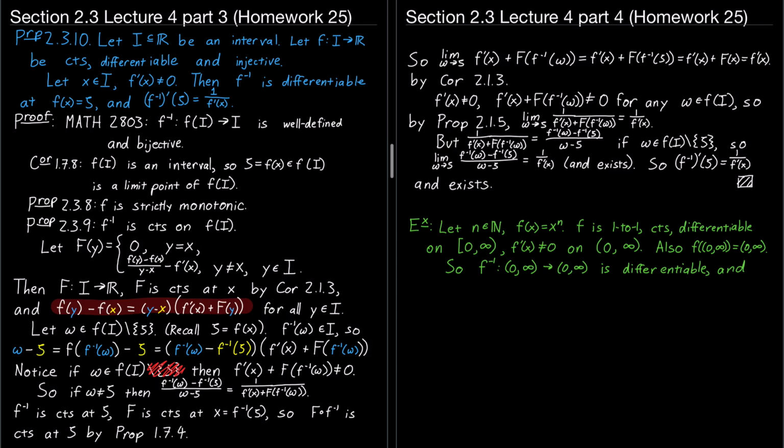And furthermore, f inverse prime of x is 1 over f prime of f inverse of x. That's 1 over n times f inverse of x to the n minus 1.